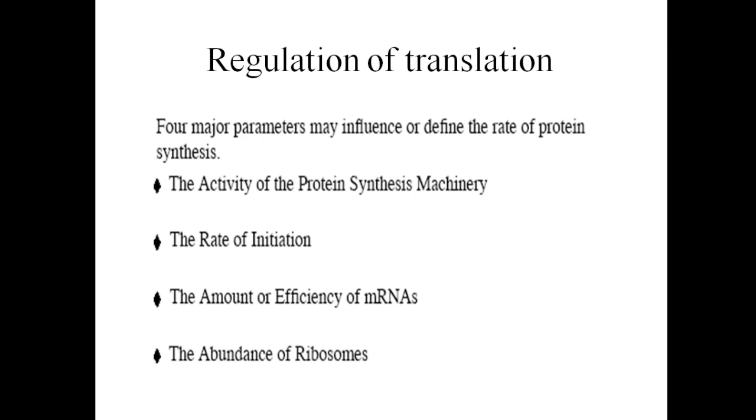Multiple steps of regulation of translation are possible. It can change the activity of participants of translation, the rate of initiation, the number of messenger RNAs and the number of ribosomes.